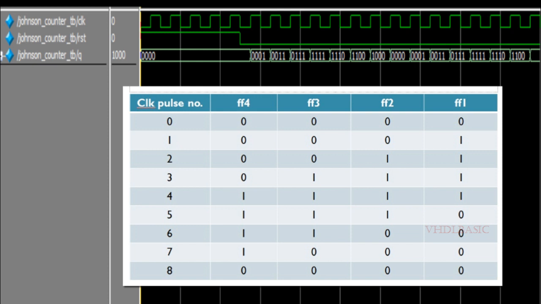So if you see here, once it reaches 1000, it is coming back to the initial state of 0000. Like that it will be generating these states circularly. This is called a Johnson ring counter.